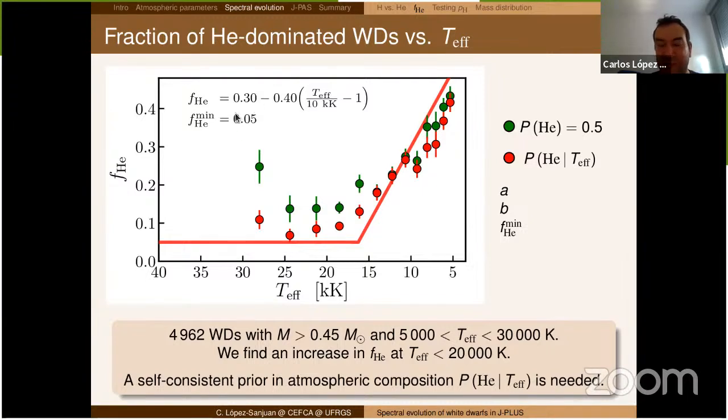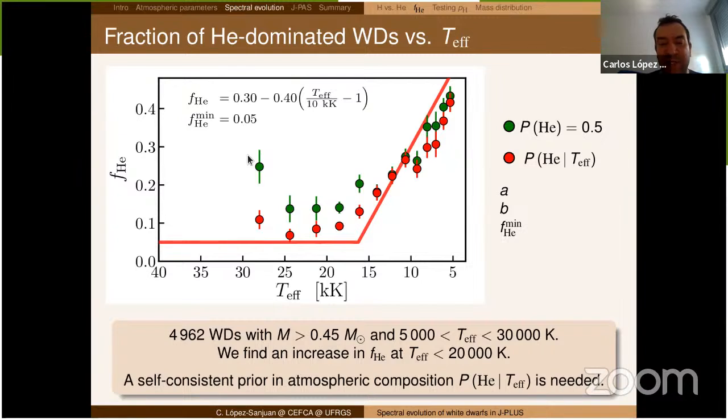In other words, basically, we derive the most consistent prior with our data. So here, this is an example of what we assume. We assume a linear function that can increase or decrease, this is free, with a minimum fraction of helium white dwarfs at the higher temperature. That again is free, can be 0 or can be larger than 0.